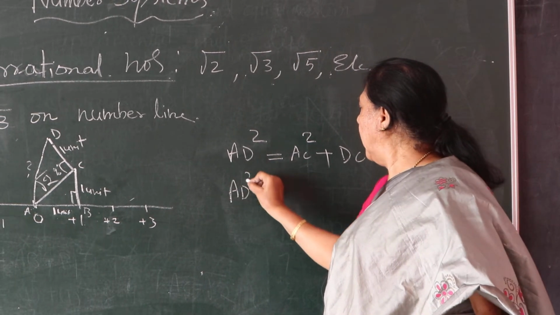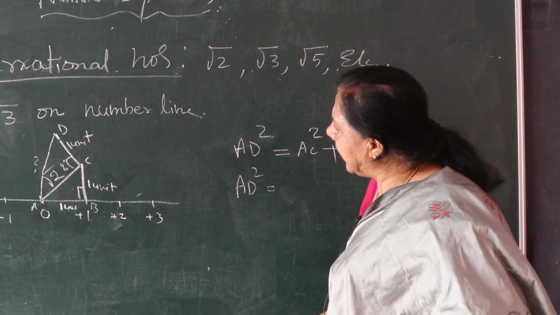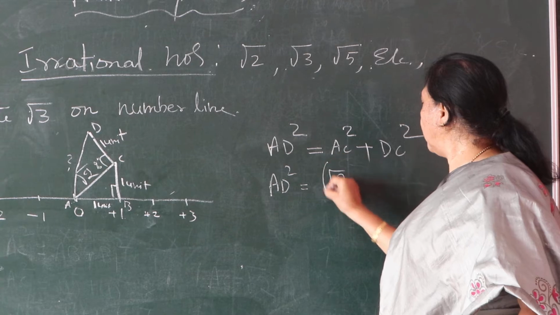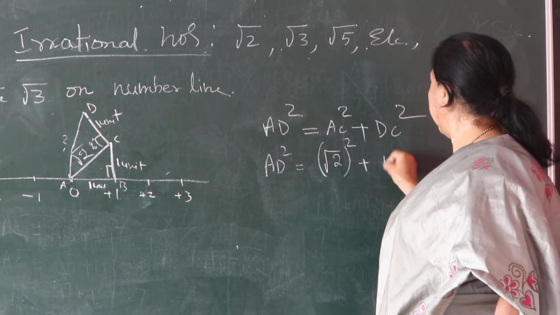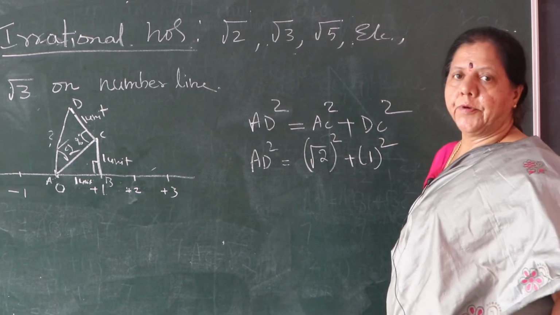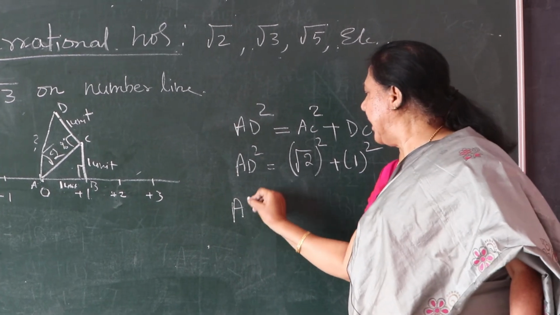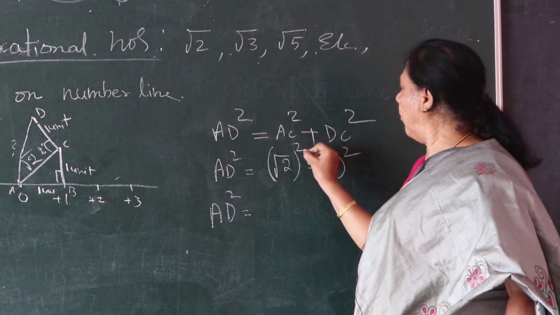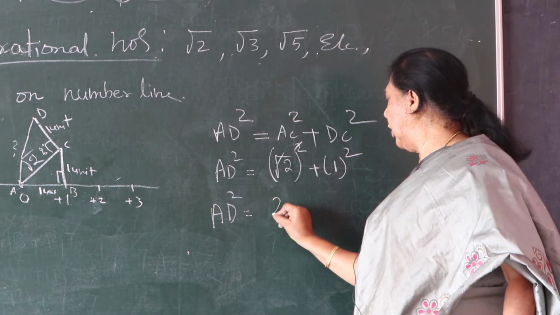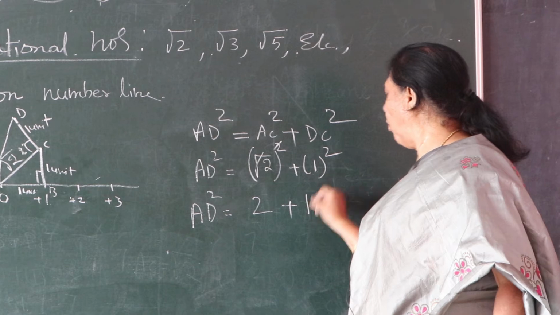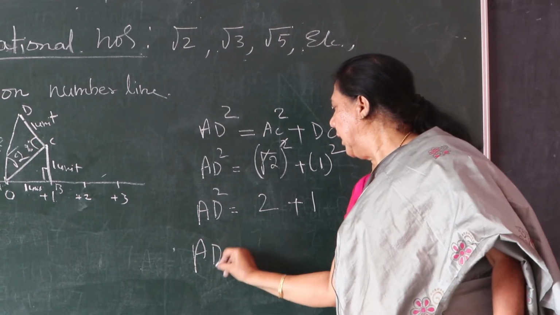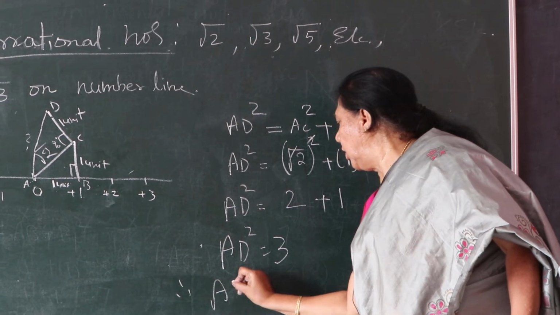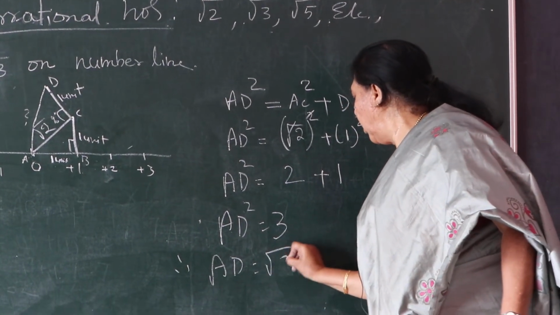AD square is equal to, what is AC? √2 whole square. What is DC? 1 whole square. Now simplify. AD square is equal to, here √2 whole square, root cancel, 2 plus 1 into 1, 1. AD square is equal to 3. Therefore, AD is equal to √3.